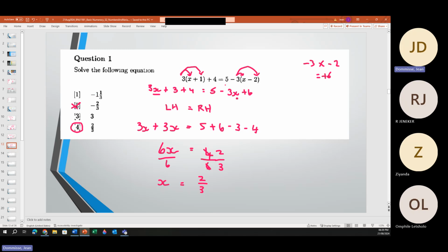So again, just make 100% sure when you multiply it out, negative times a negative becomes a positive. Okay, so that is, again, for prep for your assignments, how to solve the equation. And they can ask the question, solve the equation. They can ask you, work out the value of x.